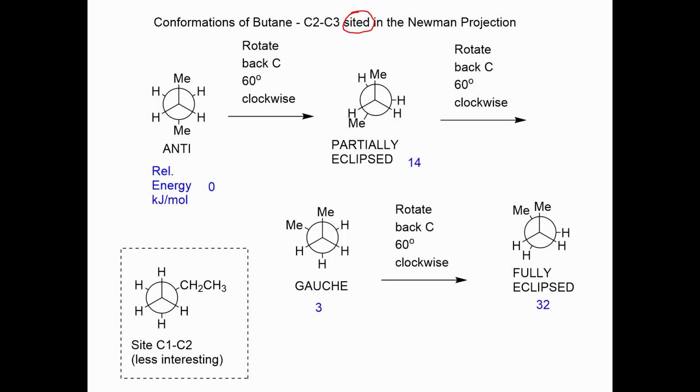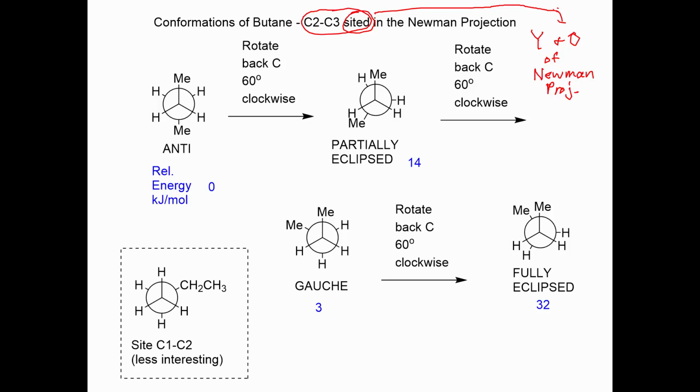So we're going to say if we cite C2, C3, this means that these are going to be the Y in the circle of the Newman projection.